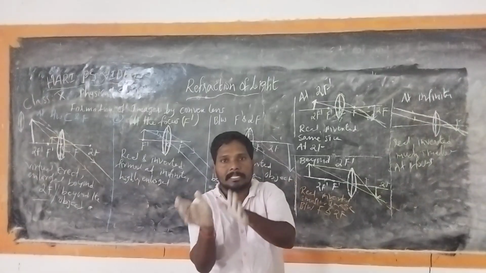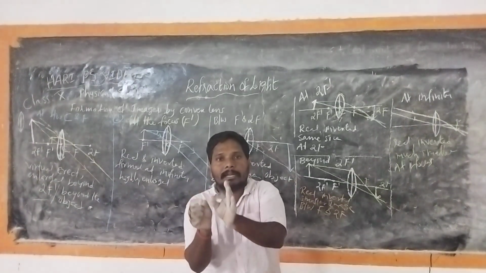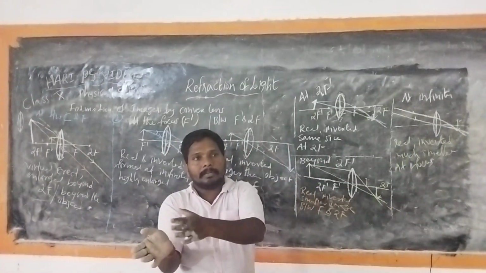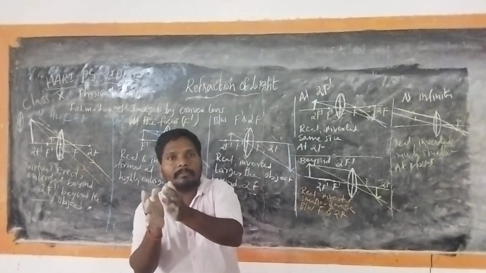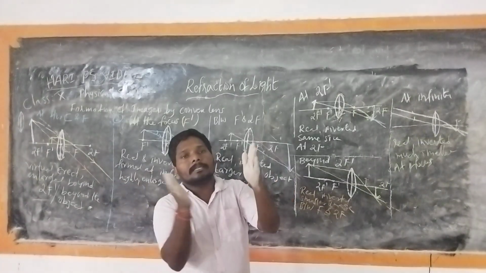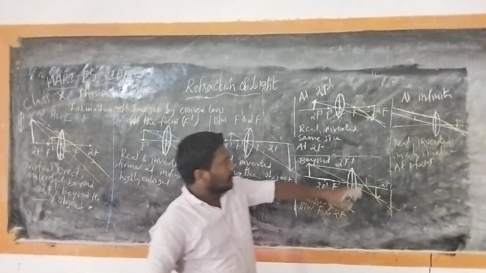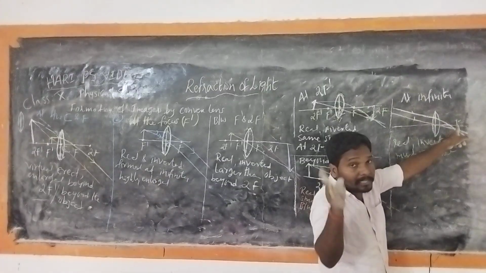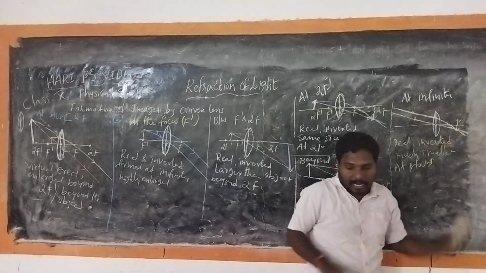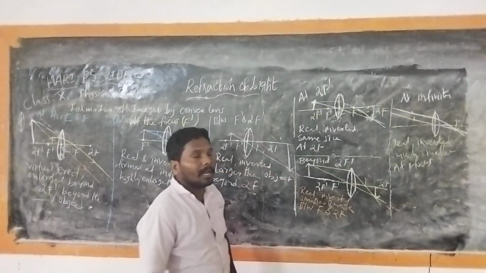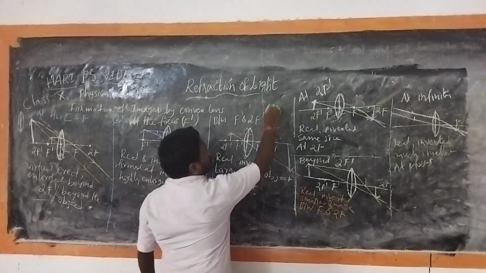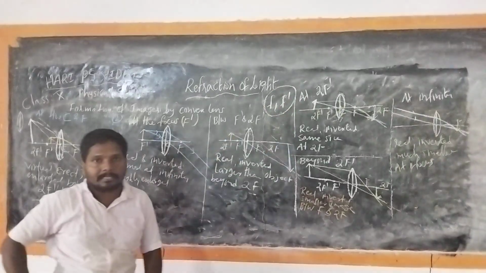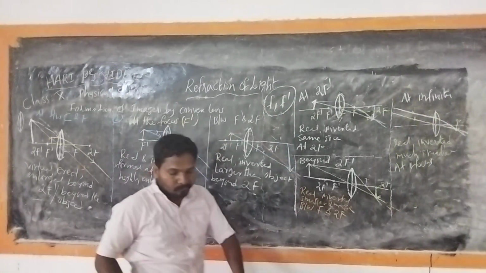If we measure the distance between the optic center and the point where the image is formed, that is called the focal length. This point is called the focal point. There are two focal points, as usual, f and f dash.